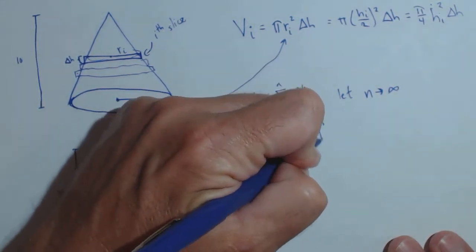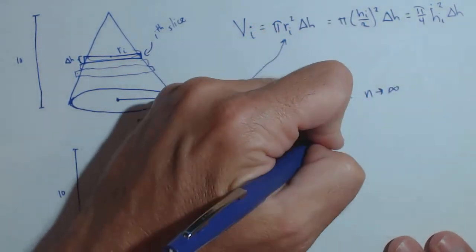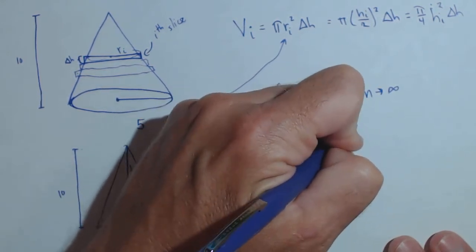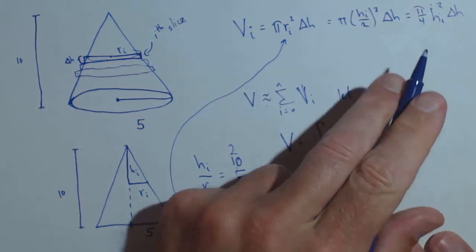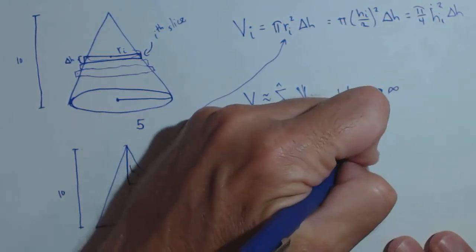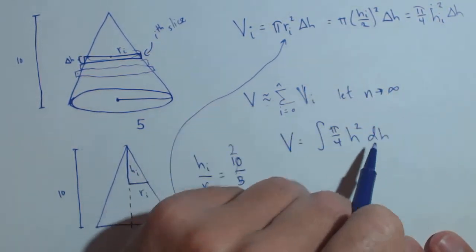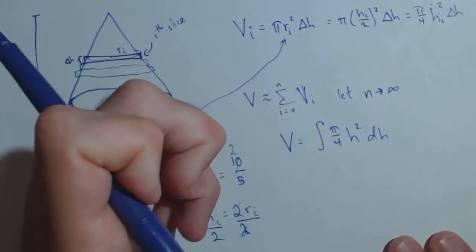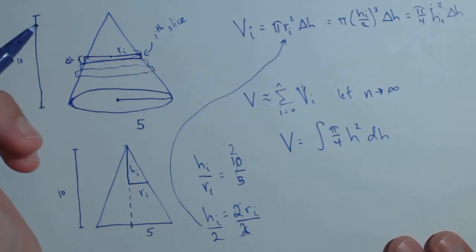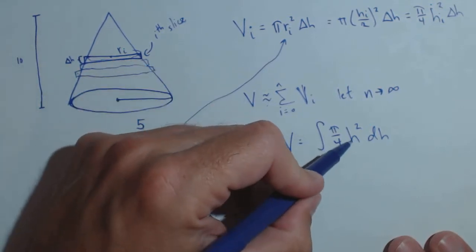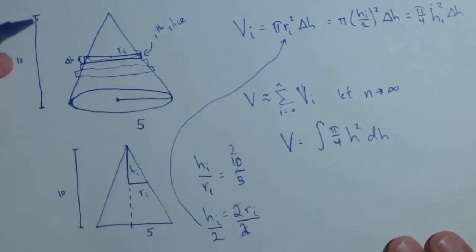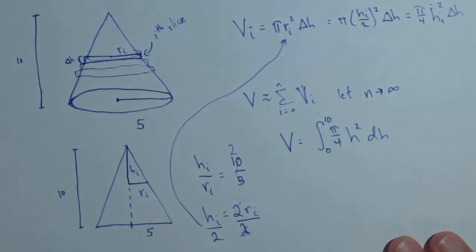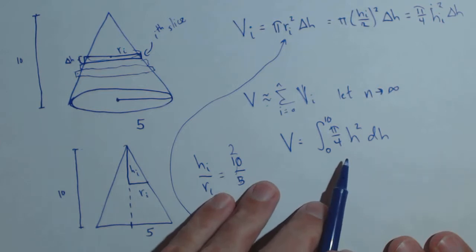So v is going to be the definite integral of our v sub i, so pi over 4 times the integral of h squared. I'm going to use h instead of h sub i because I've gone from the discrete to the continuous case, and dh instead of delta h because now it's an infinitely small height of that slice. The last thing I need are my limits. h is my variable. h can be as small as 0 and as large as 10. And there we have our integral set up.